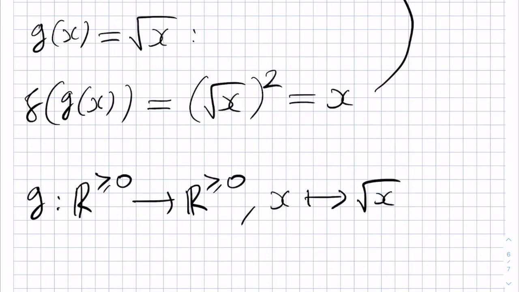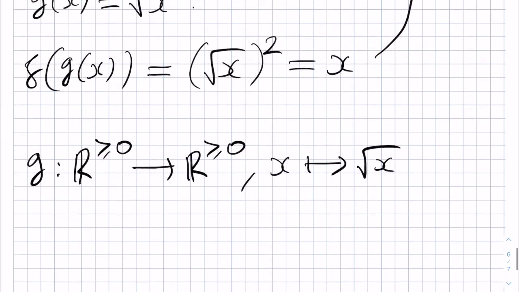Again, we need the real numbers that are positive or 0 because we are going to square root them. And when we do this, we end up with another number that is either 0 or positive.